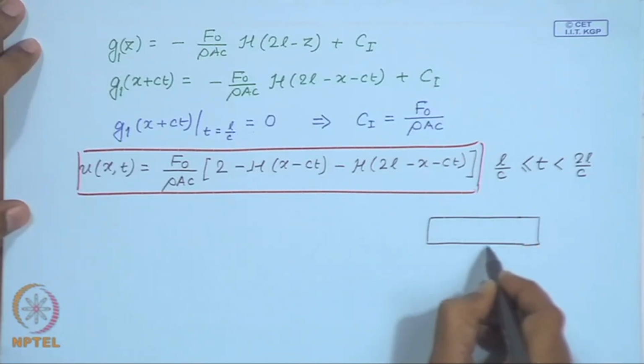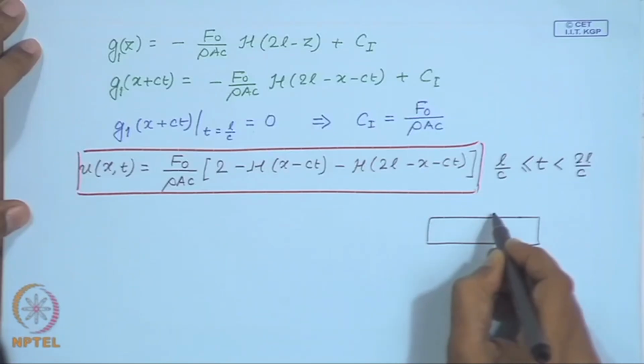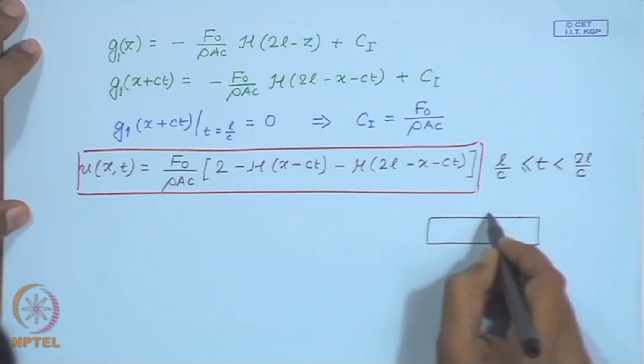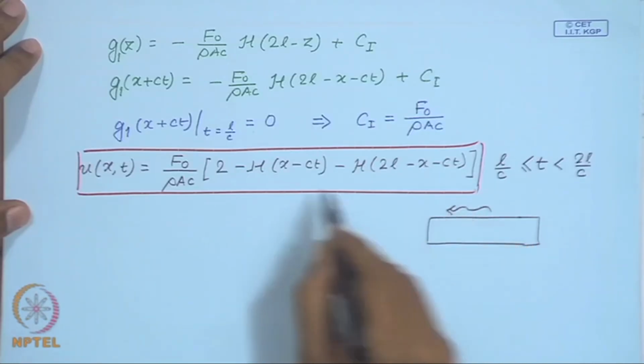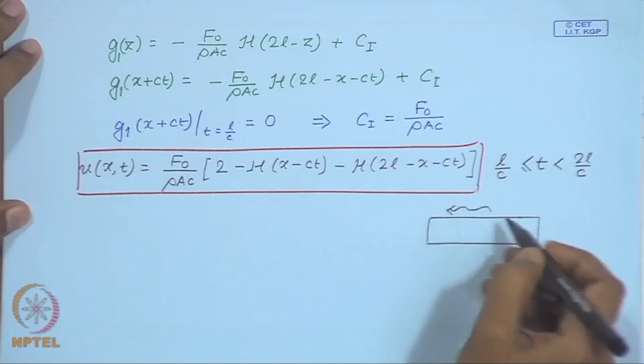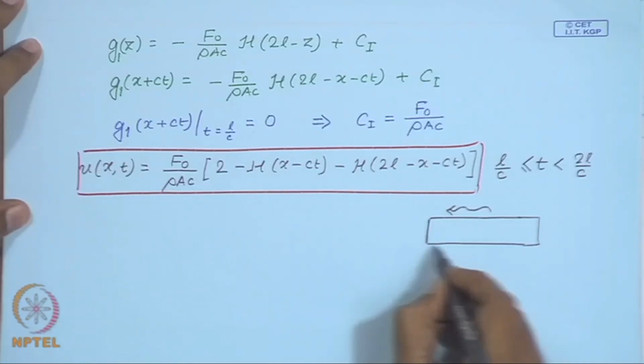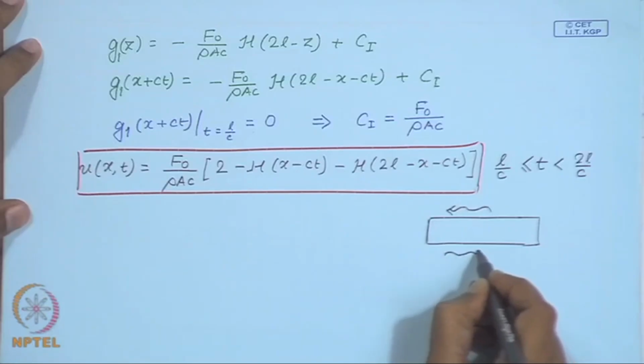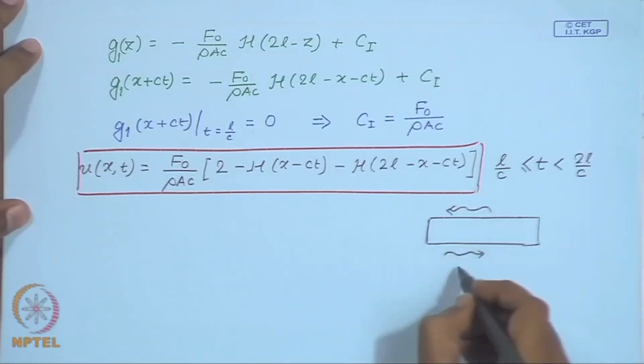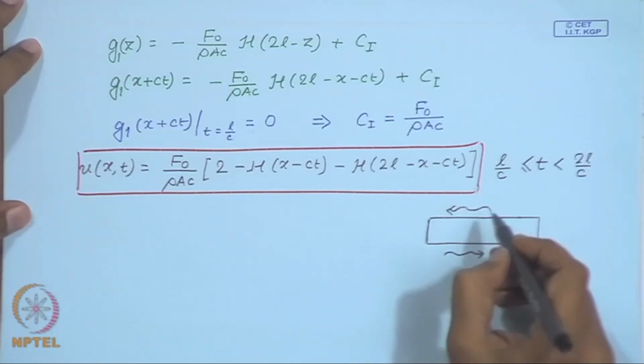So, this wave is a negative travelling wave, and that is going to come back to this boundary, and this is going to be a reflection.